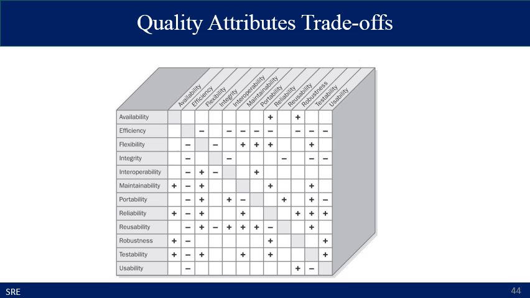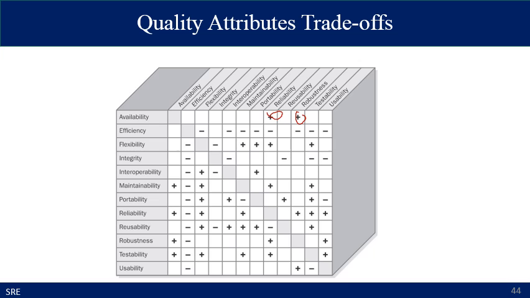As you can see, if you increase the availability, you automatically increase the reliability and robustness of your system. If you increase the efficiency, it can have the opposite effect on most of the other requirements.